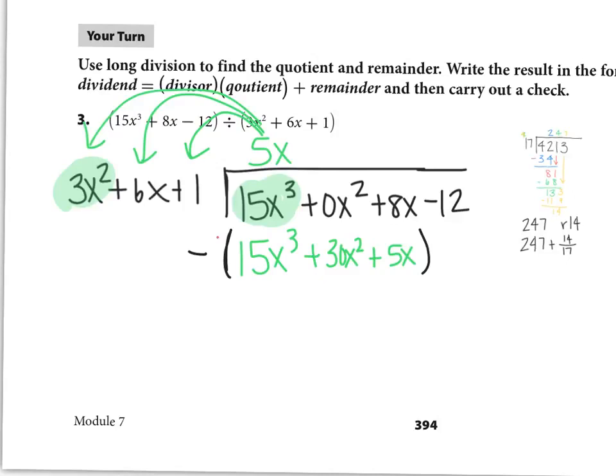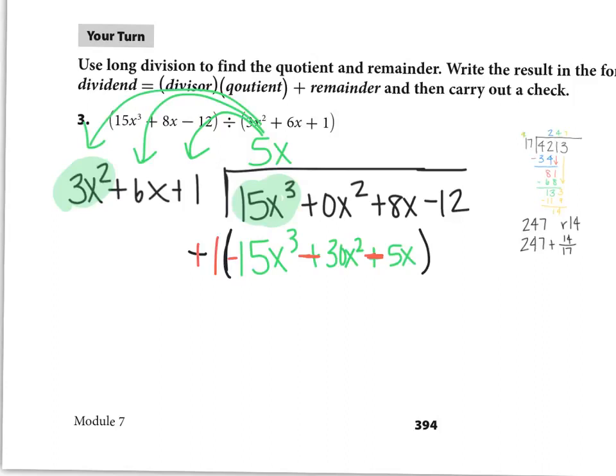A 1. Technically, there is a negative 1 there. So what would I do with that negative 1? So really, that gives me a negative 15x cubed, a negative 30x squared, and a negative 5x. And then I'm going to switch this 1 that was out here that was negative to positive now, because I took care of that.